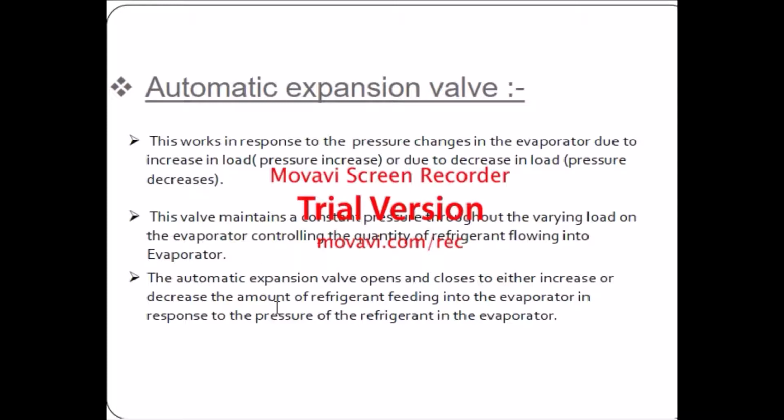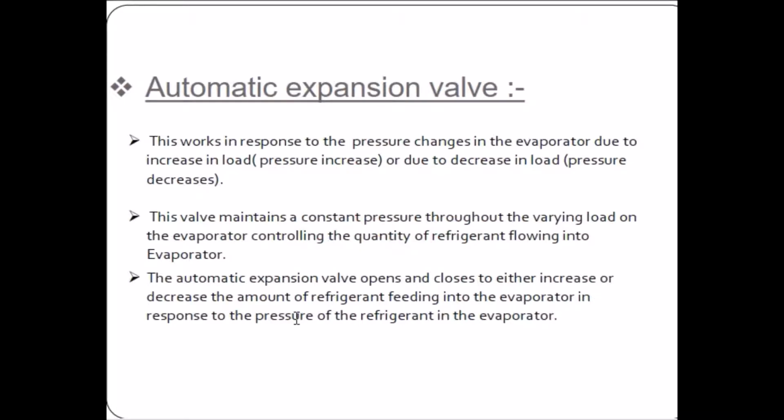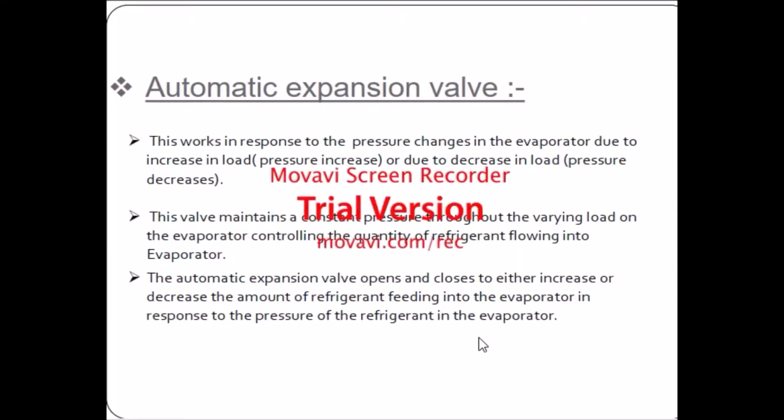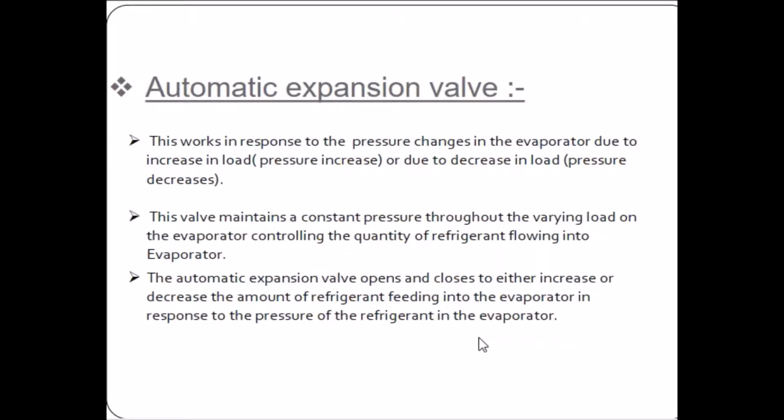The automatic expansion valve opens and closes to either increase or decrease the amount of refrigerant feeding into the evaporator in response to the pressure of the refrigerant in the evaporator. Correct. So the pressure will control the flow rate. This flow rate is related to the control volume, how much we will supply to the evaporator.